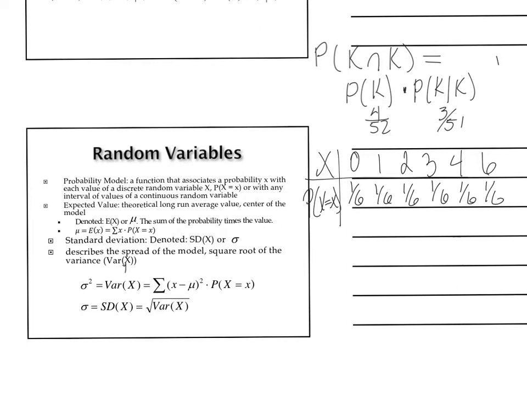The expected value is how many points you are expected to earn on one given roll of the die, or the expected amount you were going to win if you play a game at a carnival. That expected value is also called the mean. We find that by taking the sum of each x times its probability and adding it all up.